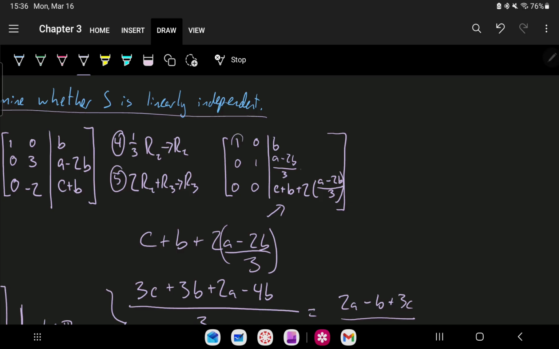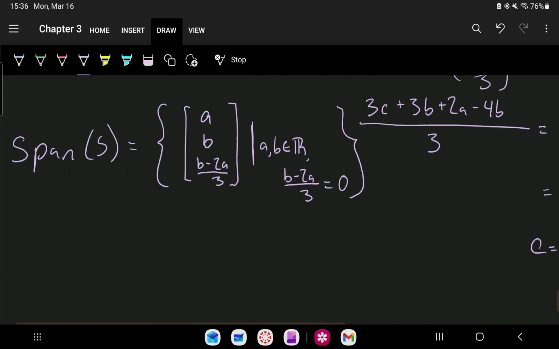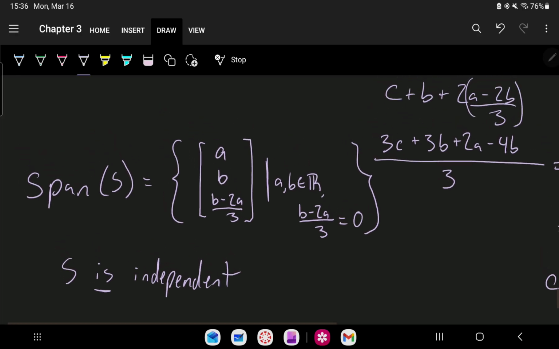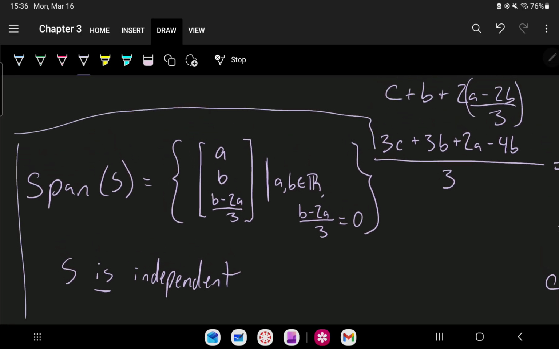We do, however, have a pivot in each column, right? We have two columns and we have two pivots. So S is independent. It is linearly independent. So now we have described our span. We have declared that S is linearly independent, and so we are done.